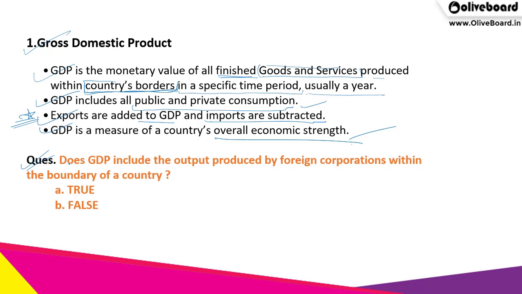Now the basic question: does GDP include the output produced by foreign corporations or foreign nationals within the boundaries of the country? It's a logical one. Yes, it will include, because as per the definition, anything which is produced within countries' borders counts, no matter if it is being produced by an Indian company or a foreign company, or Indian nationals or foreign nationals.